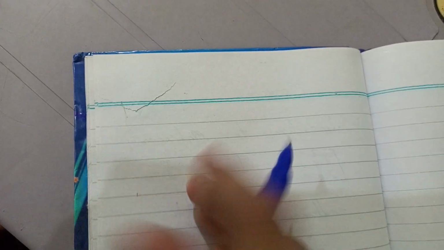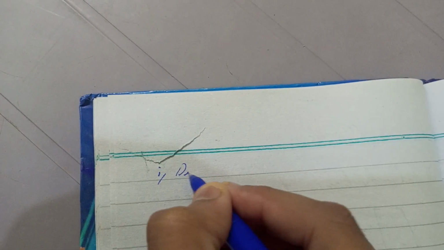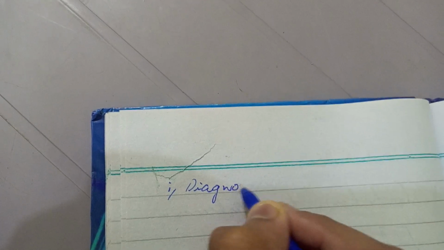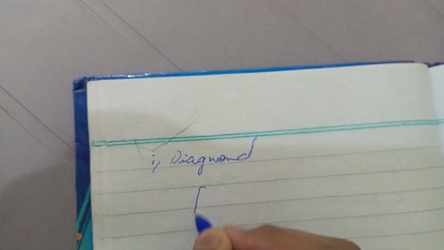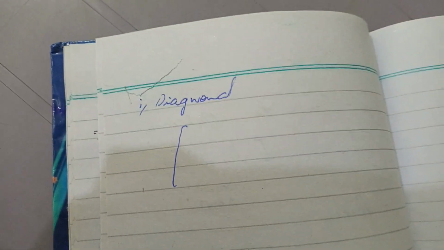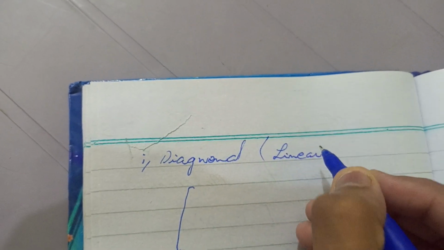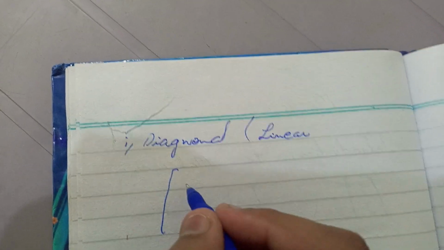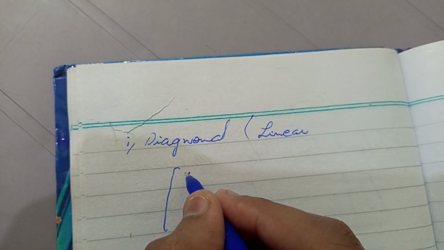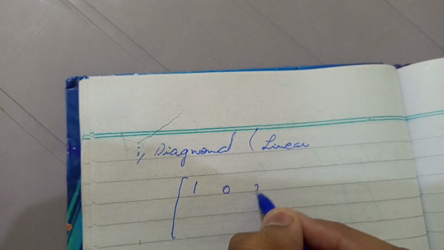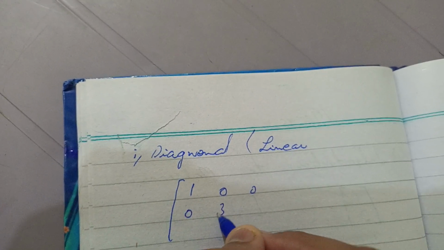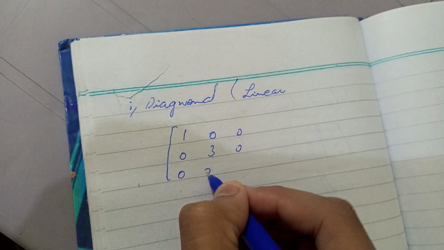Now, we have a diagonal matrix, which I guess you have already understood, and it is also called linear. For example, 1 0 0, 0 3 0, 0 0 5.